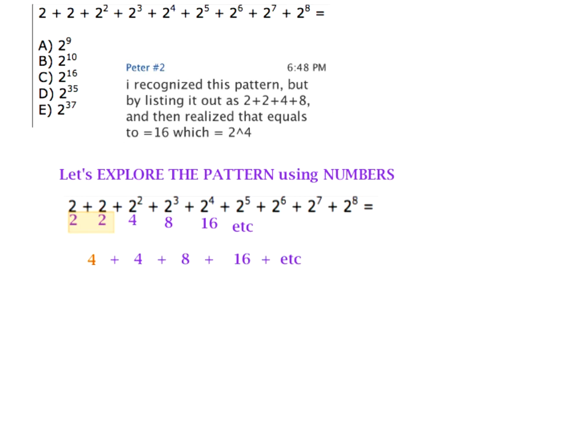You're going to notice that this is going to be the same as the next term. So this is going to be an 8. And then after that 8, you're still going to have the plus 8, plus 16, plus etc. And then so on. So if you keep doing this, you'll end up with 2 of the last term.